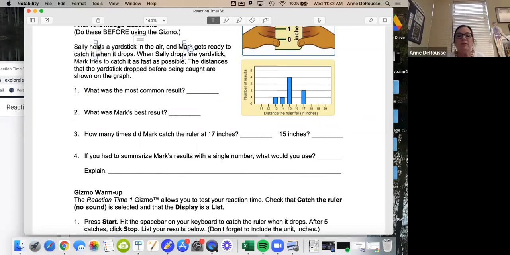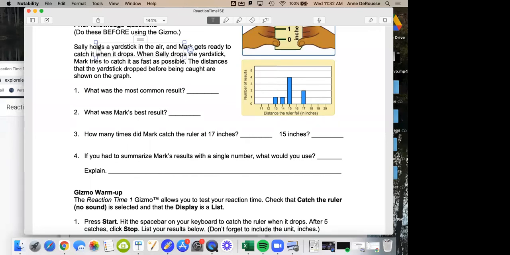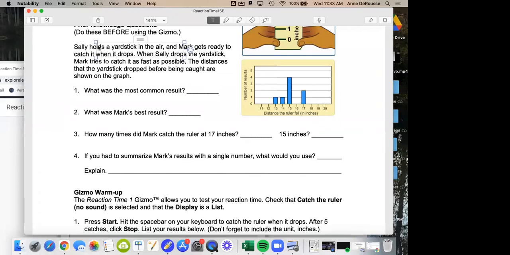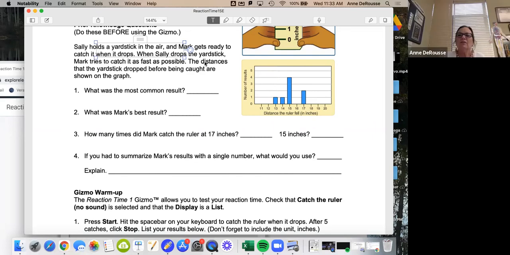Lila, what would you say? Um, 4. Why? Oh wait. Would it be 2? Okay, let's look at this graph.